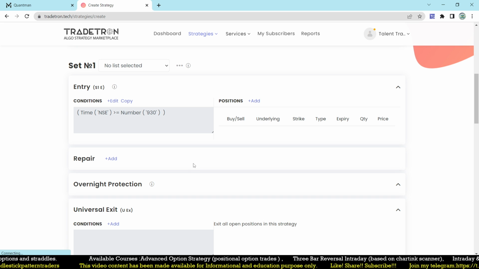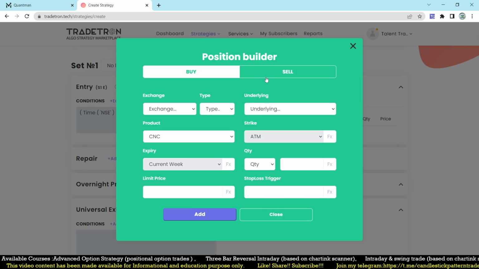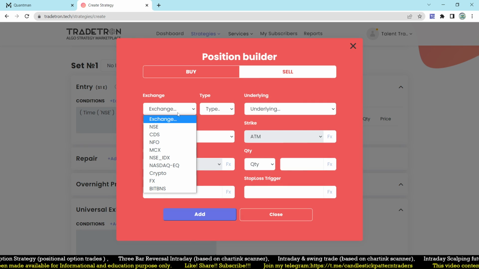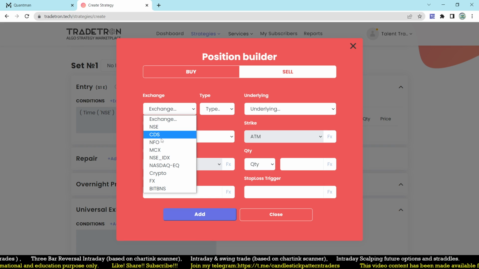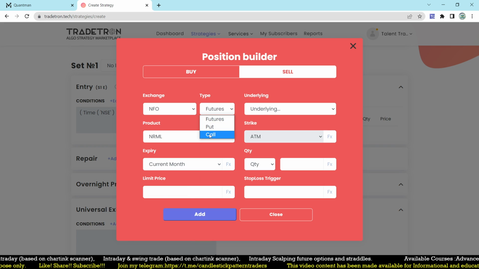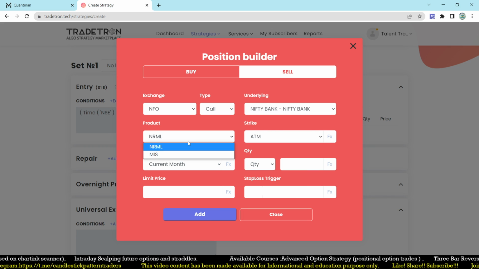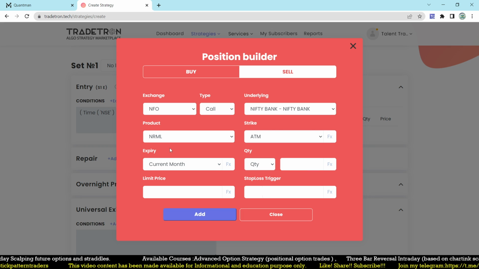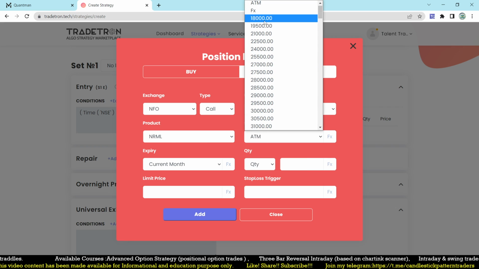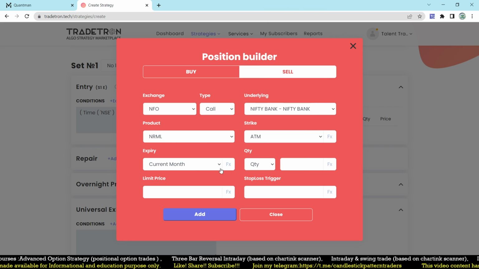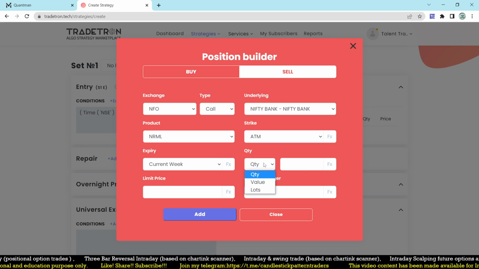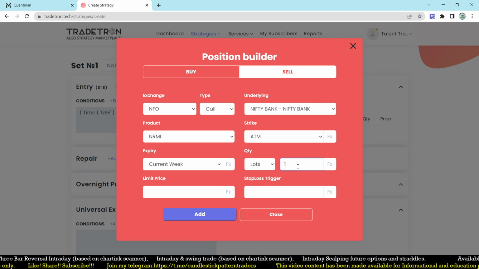The strategy is going to take a short position in Bank Nifty options. I'm going to check NFO, take the first call, add Bank Nifty, and choose MIS or NRML. I'm going to choose NRML. It is an ATM option, current week, and the lot size is 1.